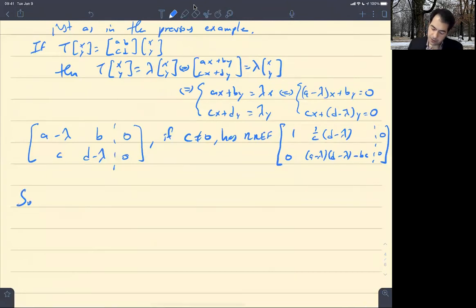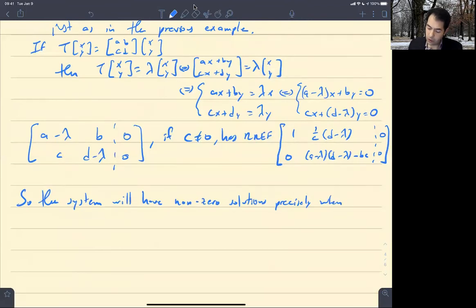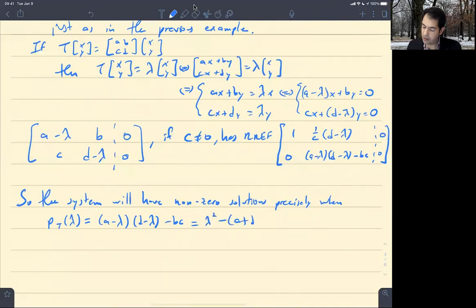Okay, so then the system will have non-zero solutions precisely when p sub T of lambda, so I'm introducing notation here, this is a minus lambda times d minus lambda minus bc, right? Which if we write that out, that's lambda squared minus a plus d times lambda plus ad minus bc vanishes.